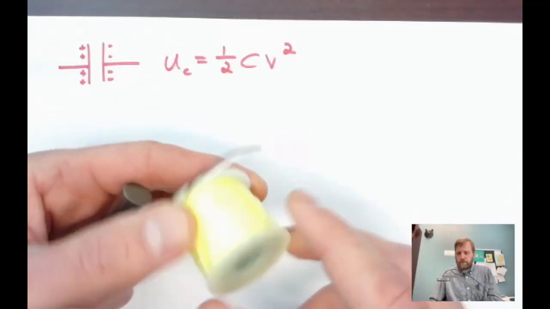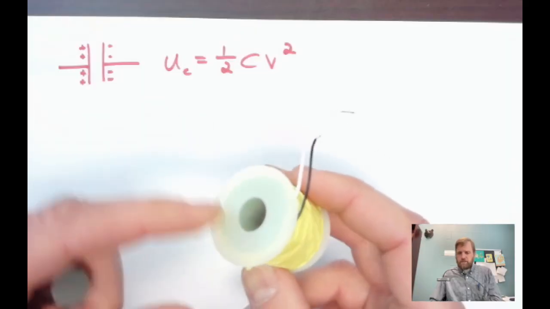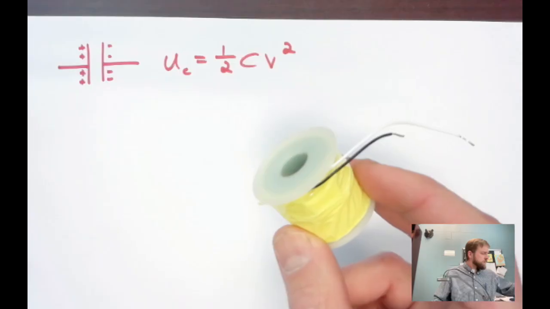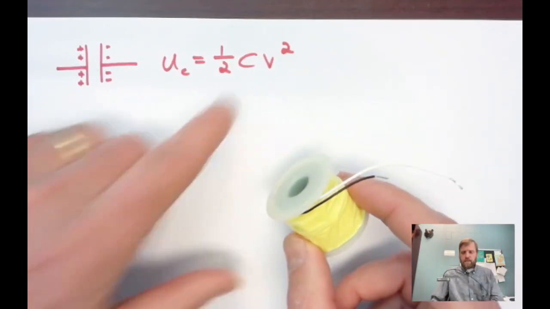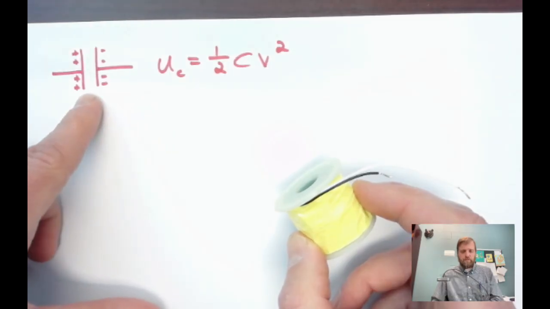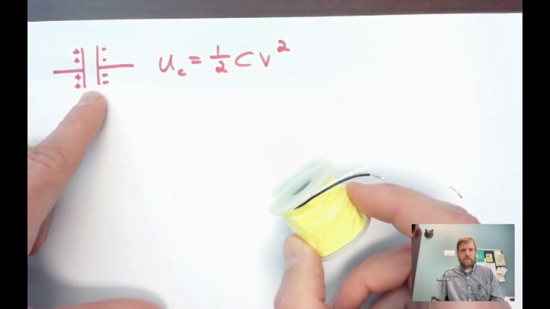And depending on how many turns you've got and what the geometry specifications and inside of this is, it has a different inductance. Okay, so just like capacitance is a property of a physical artifact, it depends on the shape, the size, the material composition, and everything.